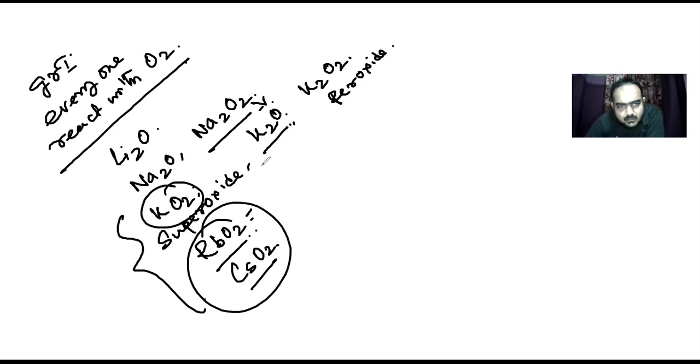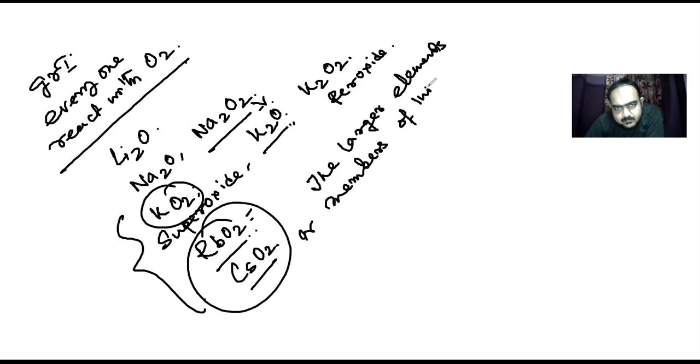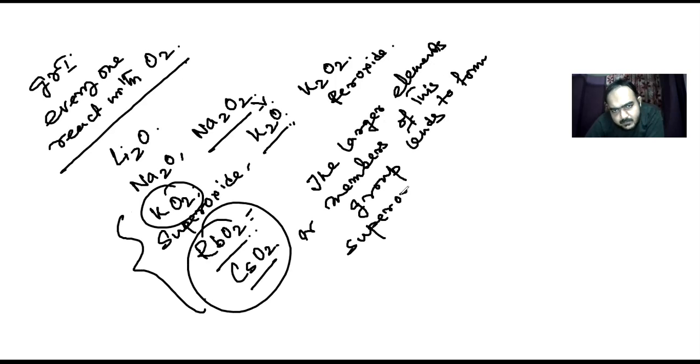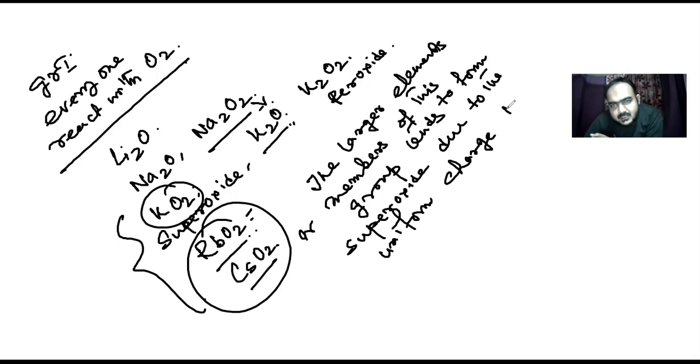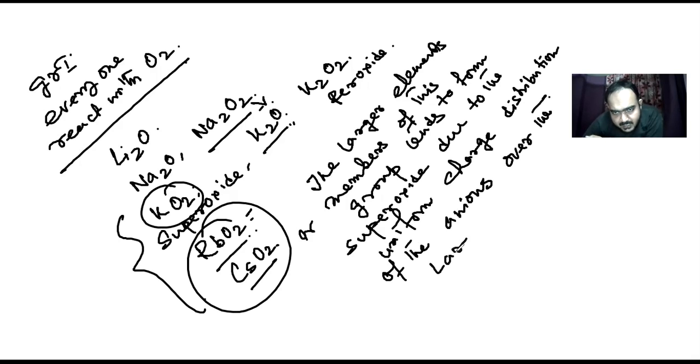So, why does this kind of phenomenon occur? The larger members of this group tend to form superoxides due to the uniform charge distribution of the anions over the large cations.